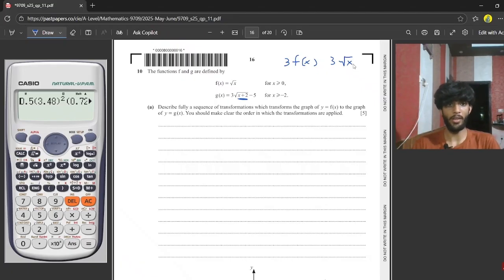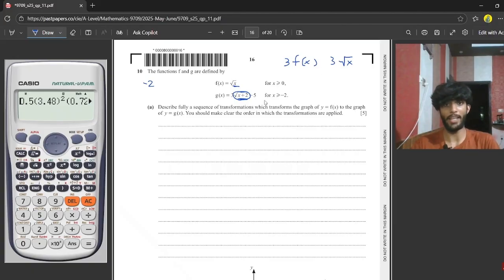So if instead of an x, you want an x plus 2, you need to go to the left by 2 units. Going to the left by 2 units is represented by negative 2, but when you're dealing with functions, they reverse it. The roles of positive and negatives are reversed only for functions.